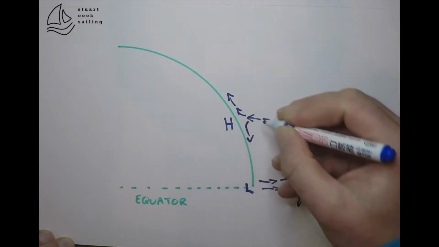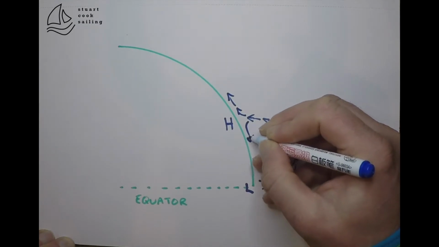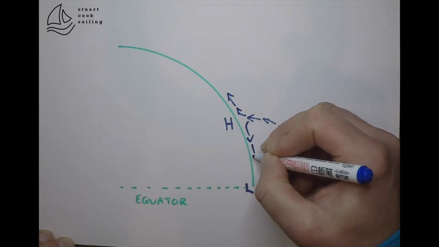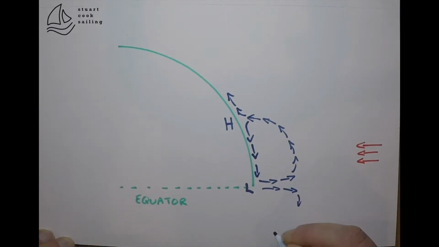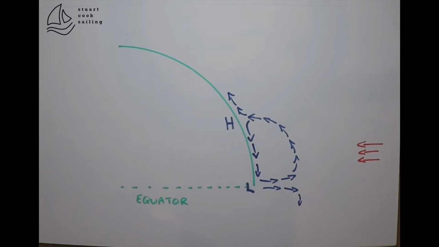And so we have the airflow flowing from the high pressure down and into the low pressure. So that's what happens initially around the tropics, and that is known as the Hadley cell.